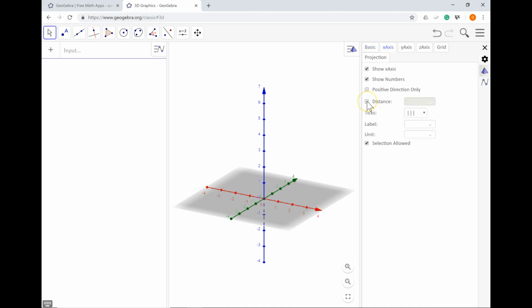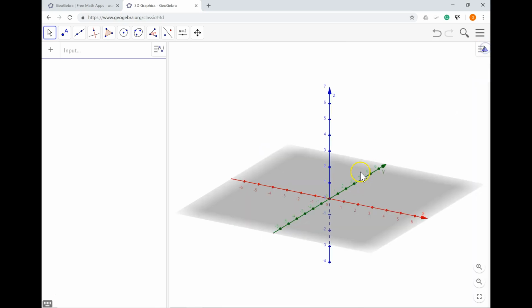This is where you can change your window if you want to. In this case, I want to label the axes, so I want this to be X-axis, Y-axis, Z-axis. Then we'll close that, and notice that now they're labeled. I've got the X-axis, the Y-axis, and the Z-axis.